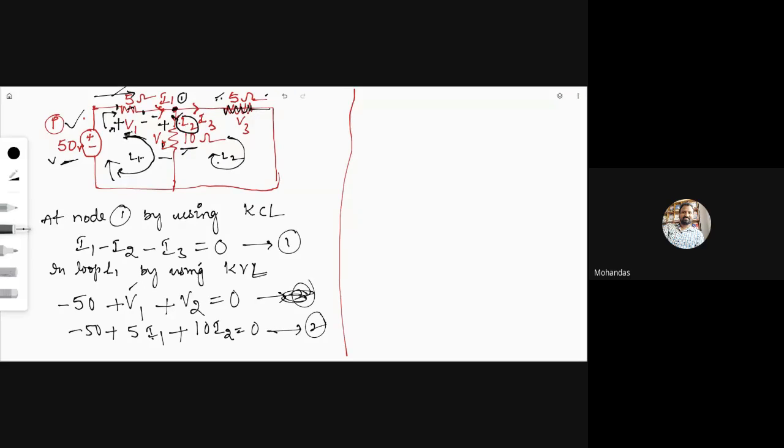Suppose if I take this loop separately, how many branch elements are there in it? One, 2 branch, sir. 2 branch elements.